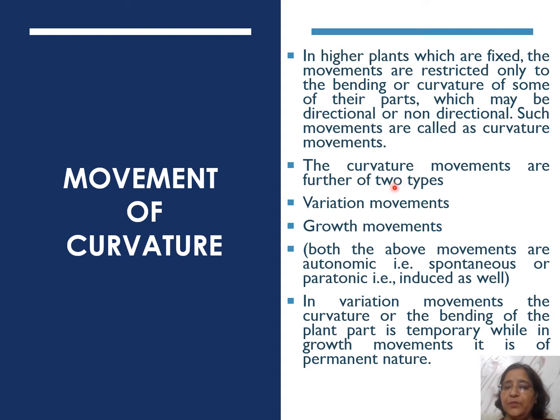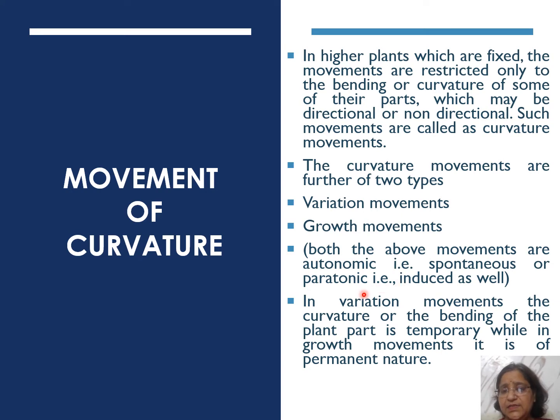The curvature movements are further of two types. In the graph we have studied that they are of two types, variation movements and growth movements. Both these movements are further of two types, autonomic and paratonic. Autonomic, as we studied before, is the spontaneous type of stimulus.